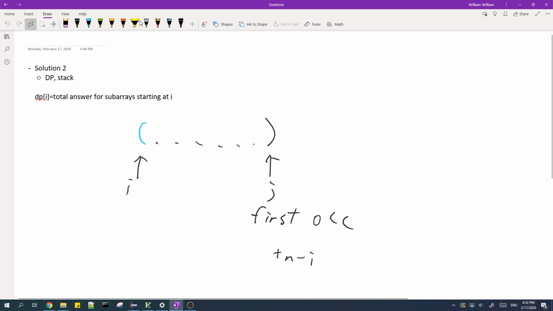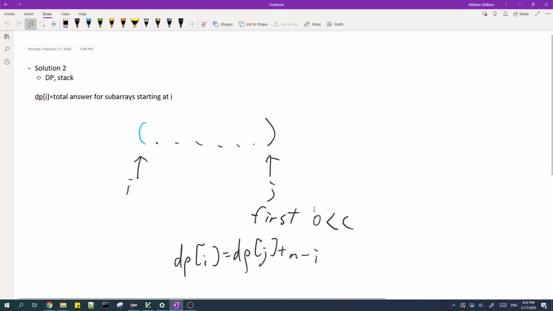Then let's pretend that, while we process this, we change this into an opening parenthesis. Then we can do the same thing that we did for the other case. You can also use the stack to find the first j such that the number of opening characters is smaller than the number of closing characters. So our final dp transition for this case is dp of I equals dp of j plus n minus I.